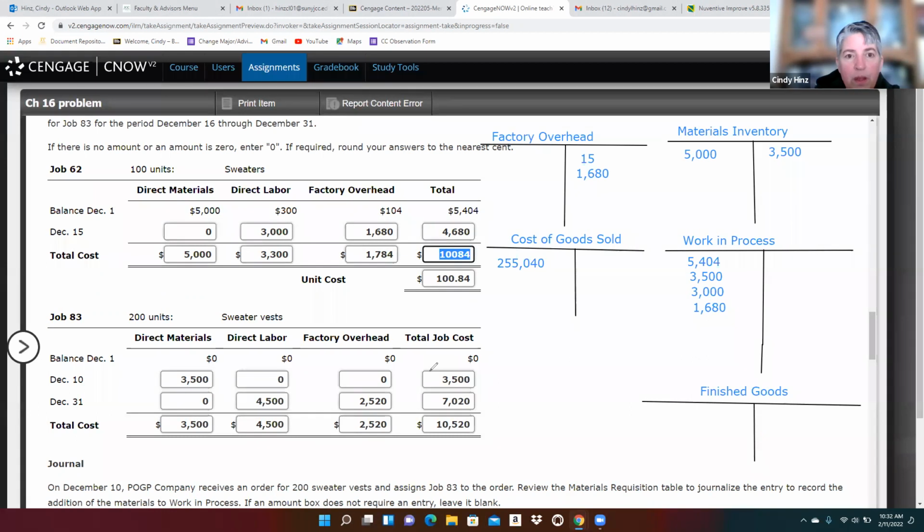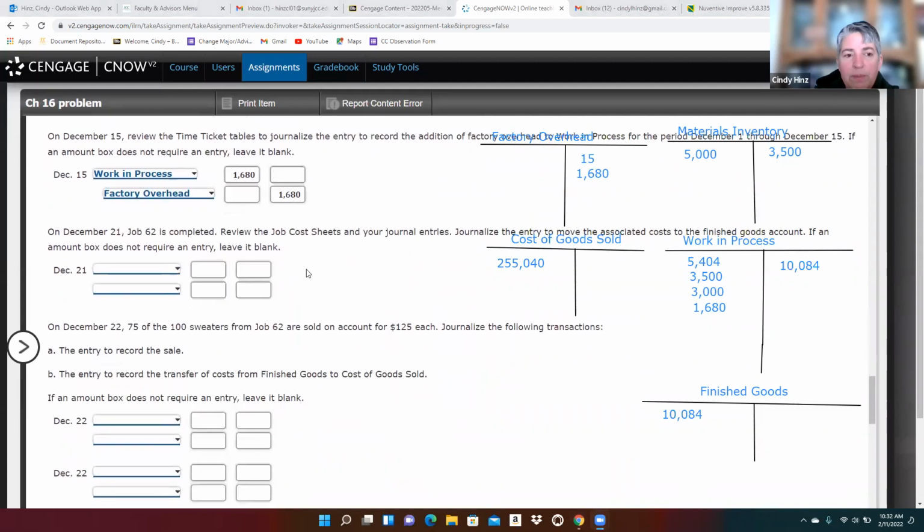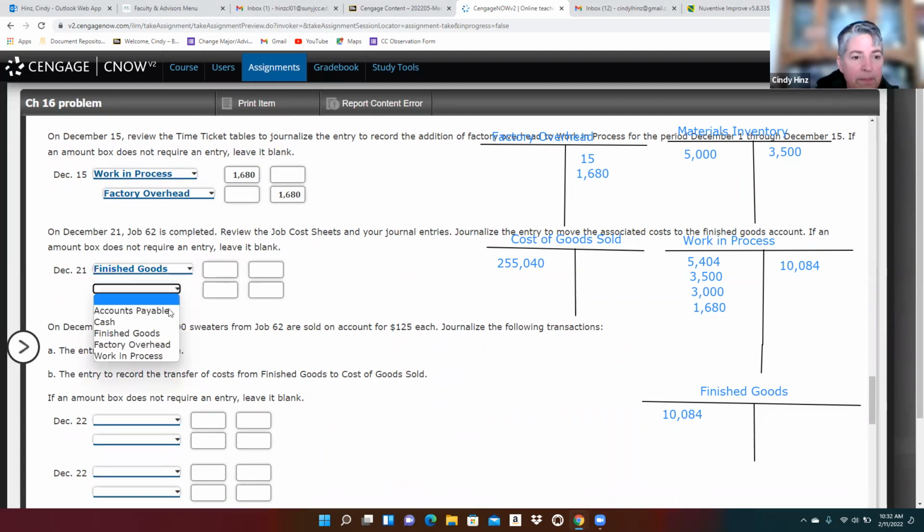So in our T accounts, we're going to move that out of work in process and into finished goods. And then we just need to put that into journal form here. We're moving it out of work in process into finished goods.